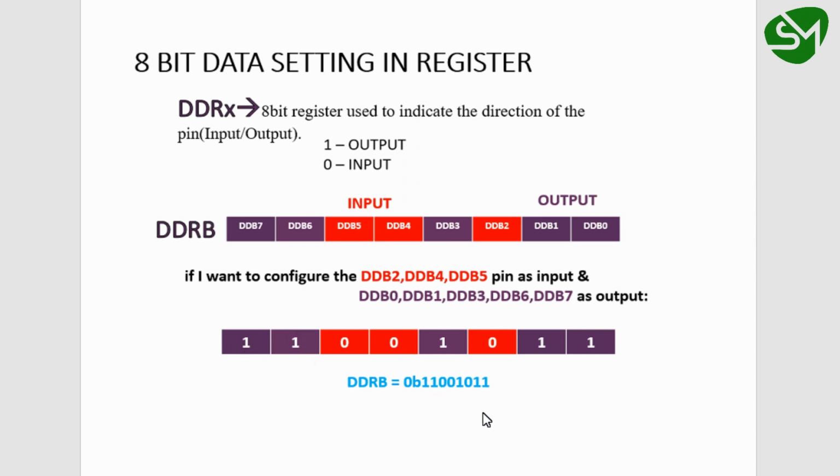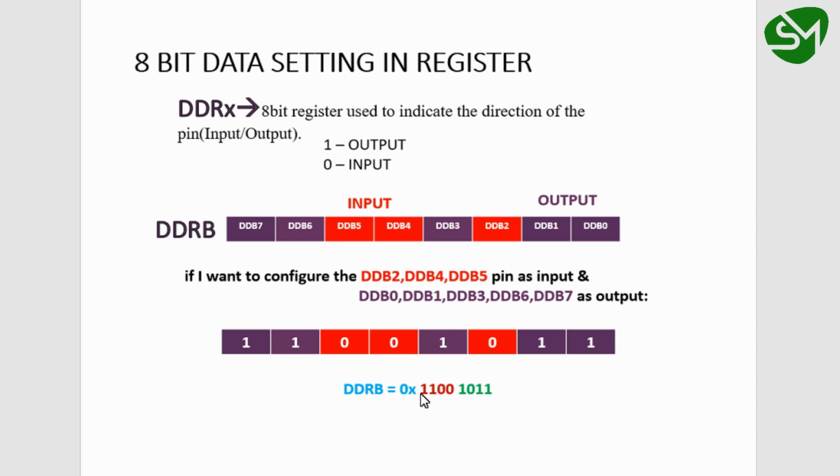So initially we configure the binary data onto the register, and then in the next step we convert this data into hexadecimal using the table. For converting that, we replace the 0B with 0x, and then we split the 8-bit data into 4 MSB and 4 LSB.